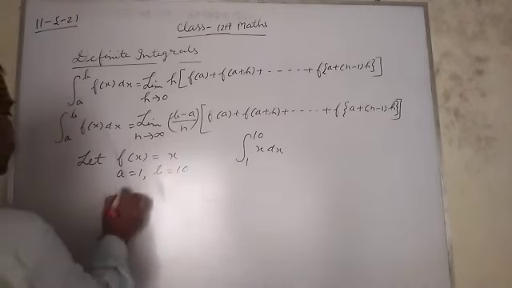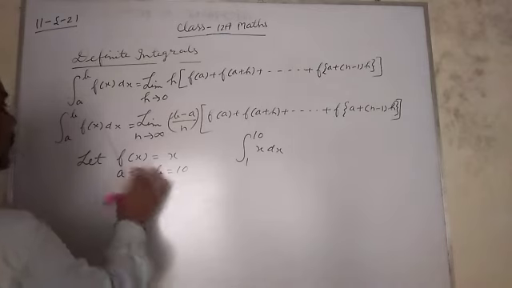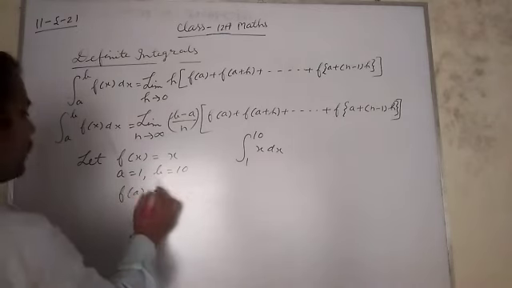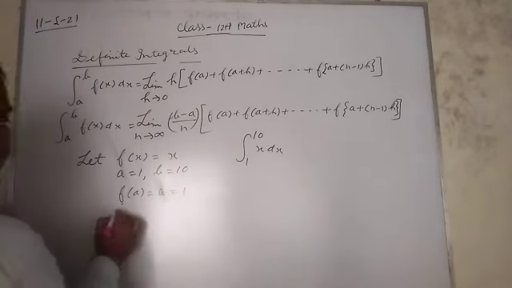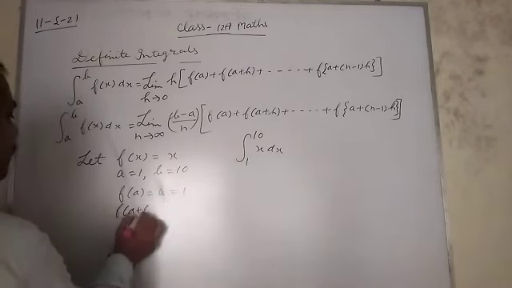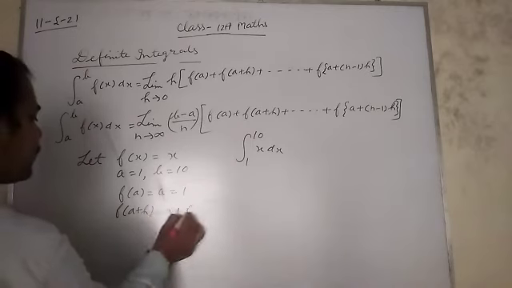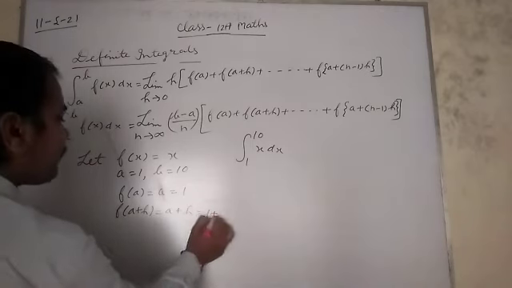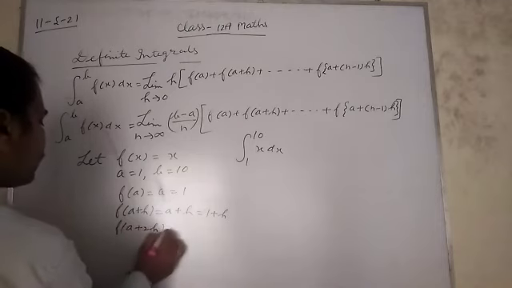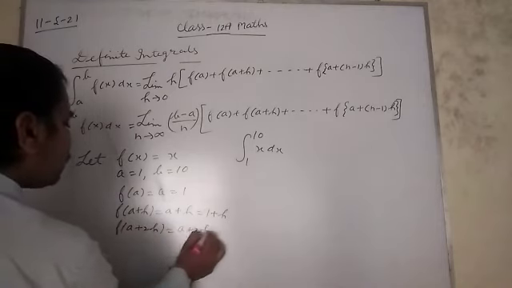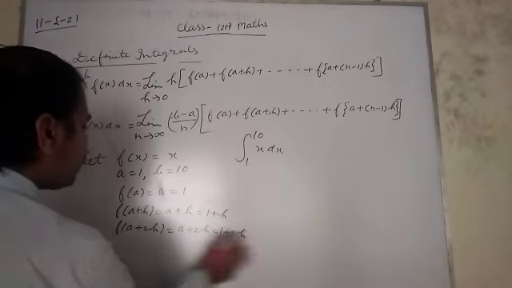Here, f(a): in place of x put a, so f(a) is equal to a, and a is here 1. Then you find f(a plus h), a plus h means 1 plus h. f(a plus 2h), so a plus 2h means 1 plus 2h.